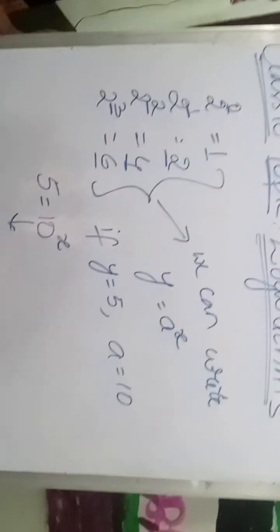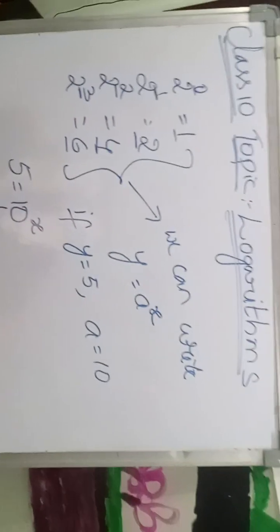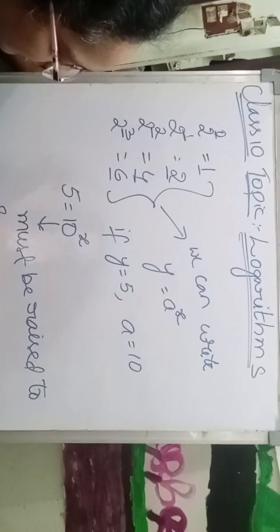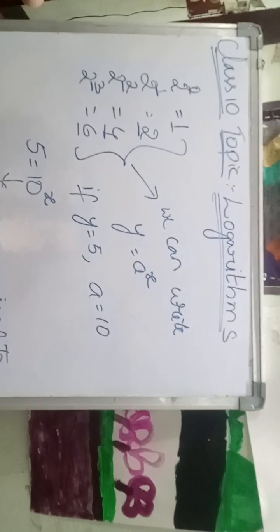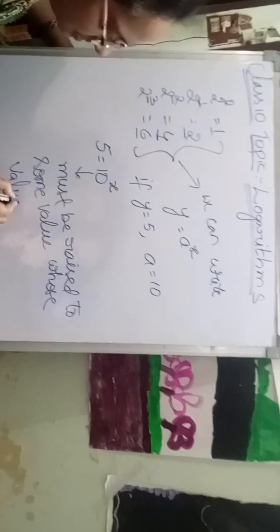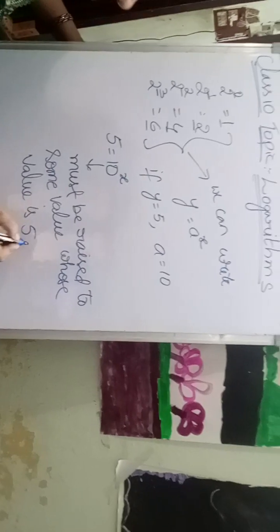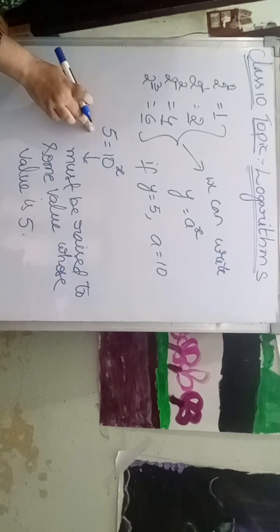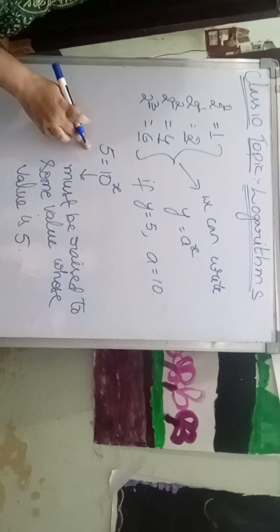That means 10 must be raised to some value whose result is 5. To what value must 10 be raised to get the value 5? Can you say it?